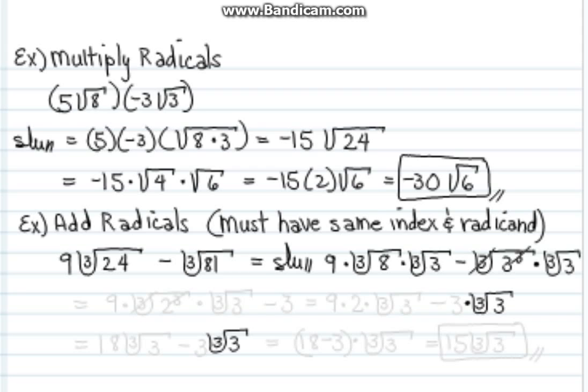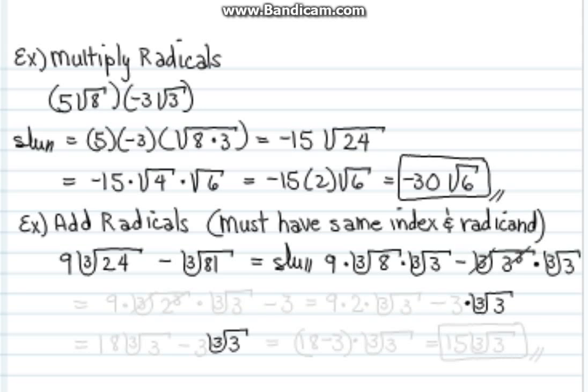What I actually did here was I took that 81 and I factored it as 27 times 3. And the 27 I wrote as 3 to the third power. So I took the perfect cube and I brought it in the front. So you can see how now I've canceled the third power and the third root.